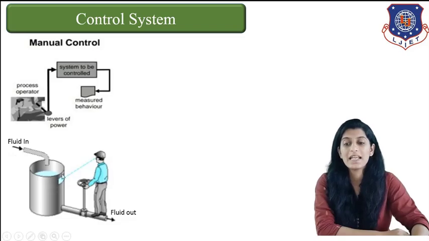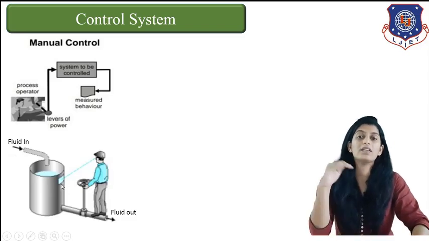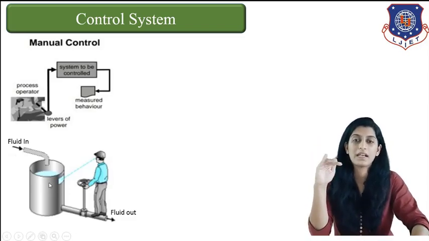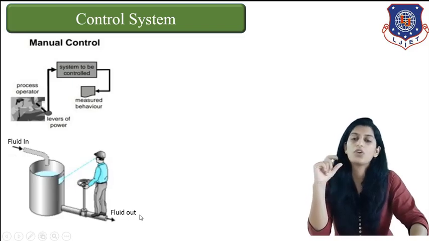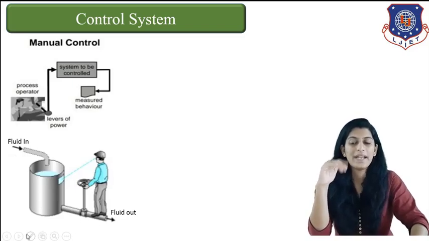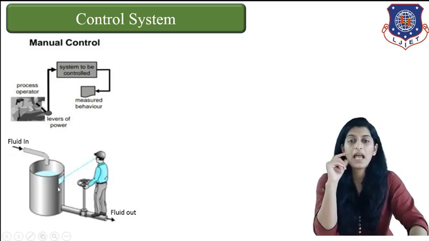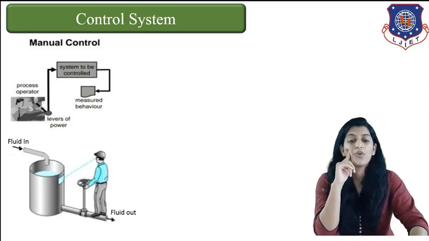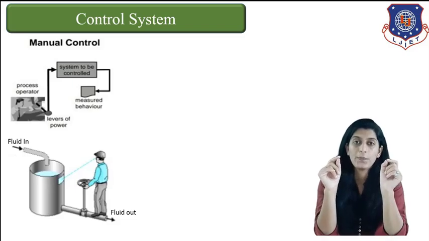If he feels that the level is going to increase above the given level, he will open the knob so that excess fluid can come out of the tank and the level is maintained. So in both these examples, the operation is manual, correct?